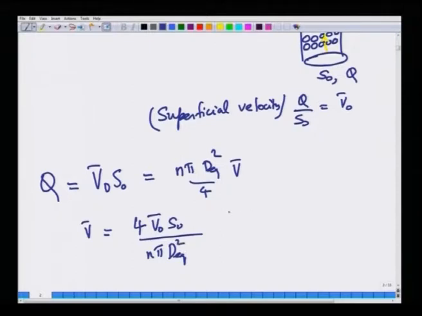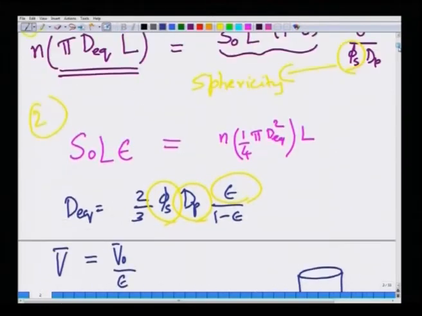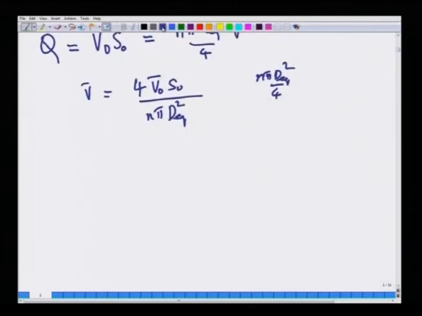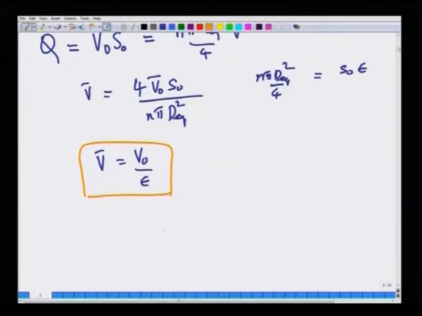But we also know what n pi d equivalent squared by 4 is from this expression. So, n pi d equivalent squared by 4 is S naught epsilon times epsilon. So, I will get V is V naught by epsilon as I claimed. So, the actual velocity is the superficial velocity divided by the porosity.